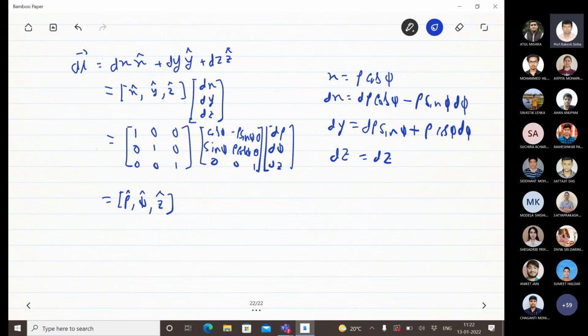So let's multiply by the transpose. Basically you need to multiply the rho vector transpose, then the phi vector transpose, and then the z vector transpose.